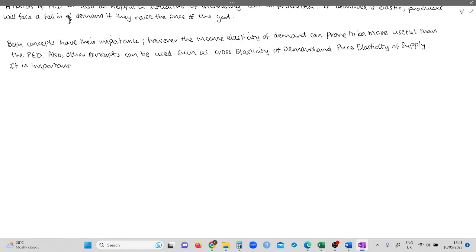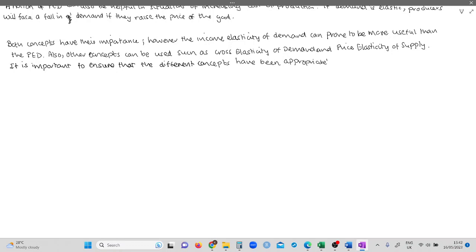These concepts, we have to calculate them. So it is important to ensure that the different concepts have been appropriately calculated. This is one thing.